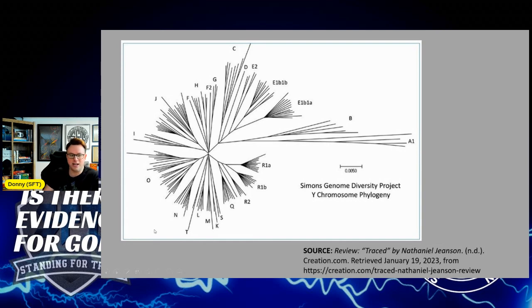So there's some very interesting history on this tree. And again, when it comes to the Y chromosome, the mitochondrial DNA, the DNA in general, we have some amazing evidence for a single dispersal of people across the planet that originated from a location very close to the Middle East.